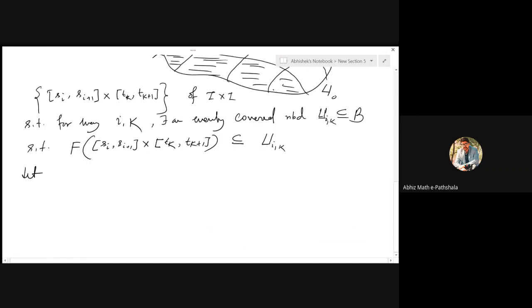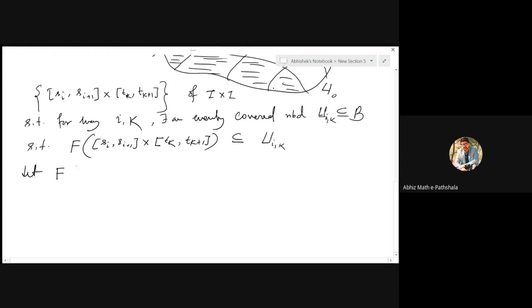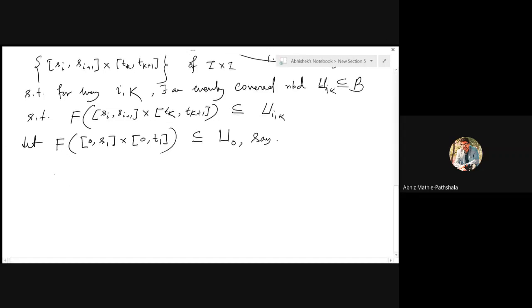So you need to start from this square, that is, from 0 S1 cross 0 T1, and suppose that it is in U naught. Since E naught belongs to P inverse B naught, now what is B naught? That is f of 0, 0.